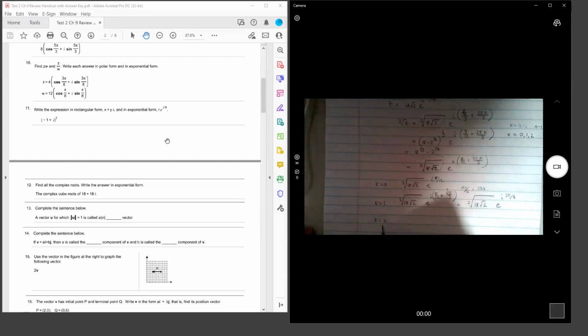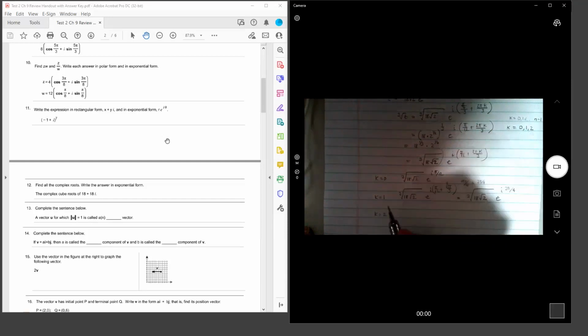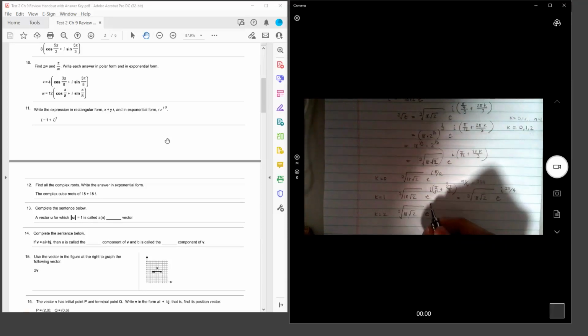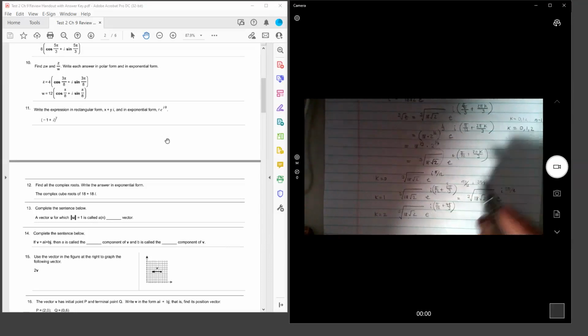And so what happens when k is equal to 2? Well, we have the cube root of 18 square root of 2, e to the i pi over 12 plus 4 pi over 3, because if k is equal to 2, then that would be 2 times 2 is 4.